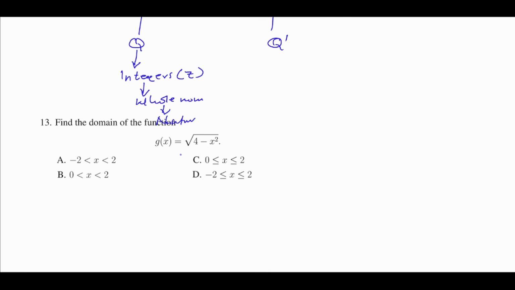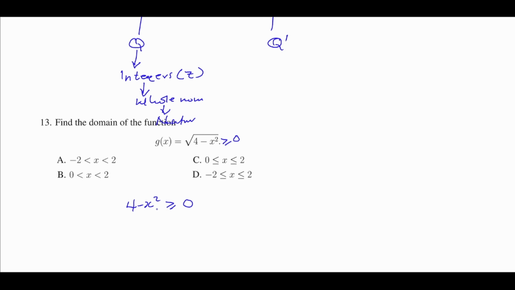A domain is a set of numbers that makes a function defined. Now for this particular function to be defined, anything under the root sign should be greater than or equal to 0. In that case, what we are saying is that 4 minus x squared should be greater than or equal to 0.